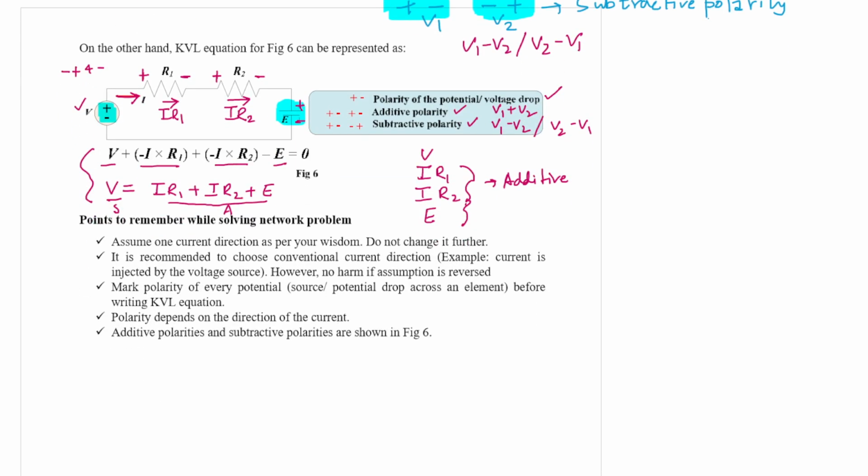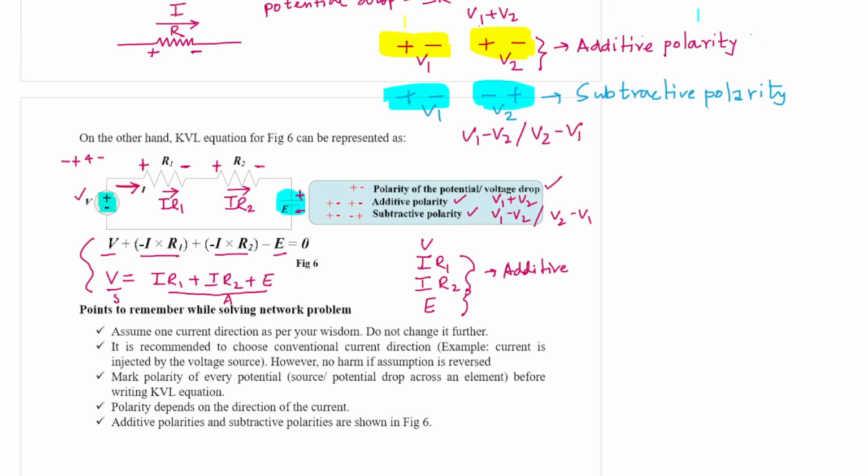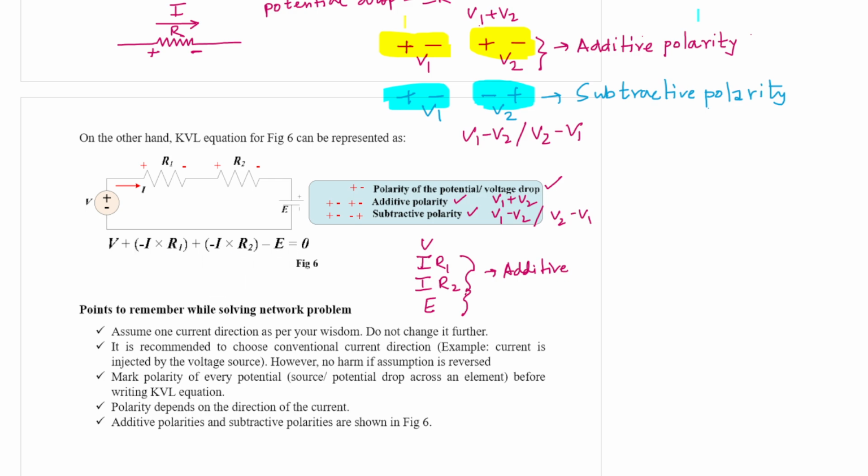Now let us argue on one point that we have assumed. Let me erase all these things. We have assumed that current is flowing in this direction.